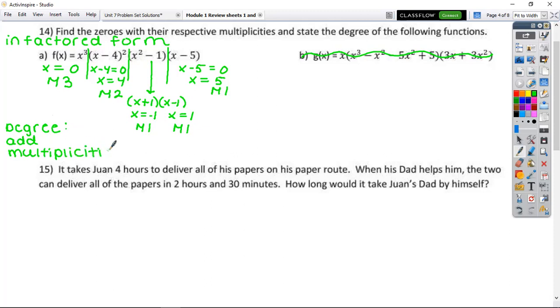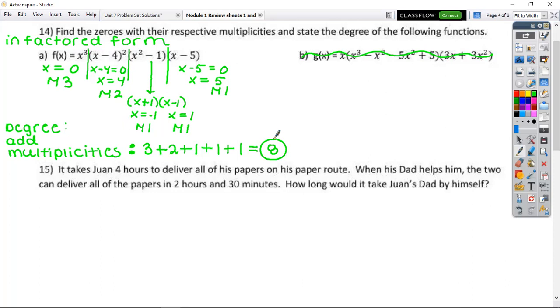And I'm writing this on here just in case you look back and want the work. So I would do multiplicity of 3, 2, 1, a 1, and a 1. So this would be a degree 8 polynomial. We don't have a name for it. You just call it degree 8. Okay, how was that one?